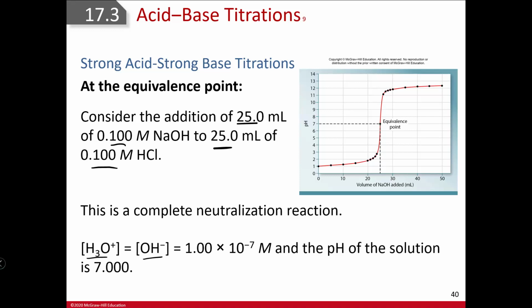When those are equal in water, we're exactly at a concentration of 1.00 times 10 to the negative 7th, and so the pH is 7. And there's the equivalence point right there. Notice this is 25 milliliters of sodium hydroxide added. The equivalence point occurs when we've just added enough hydroxide ion to consume all of the hydronium ion.